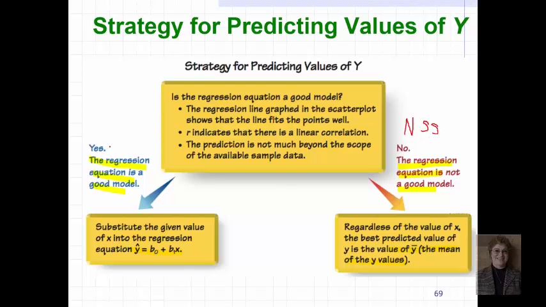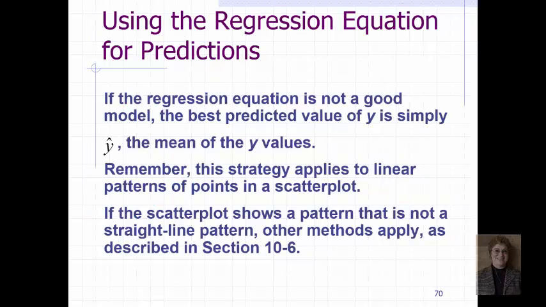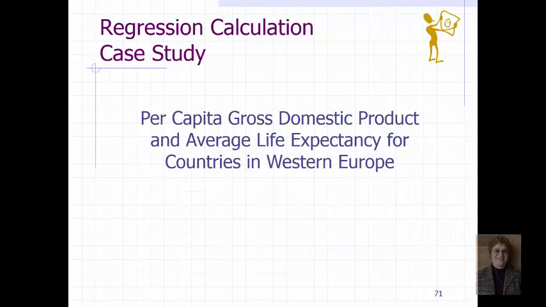If your r was statistically significant, remember, we're using r to help us here. This tells us the same thing, but what you want to remember is if your scatter plot is not a straight line, then do not use a line of least squares regression. We have a different model that fits better.